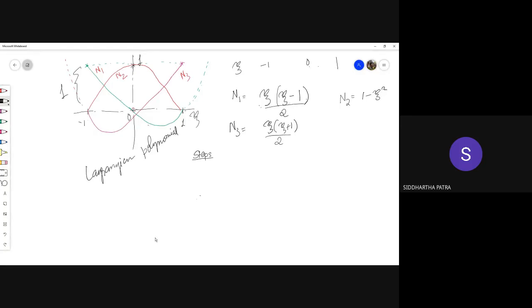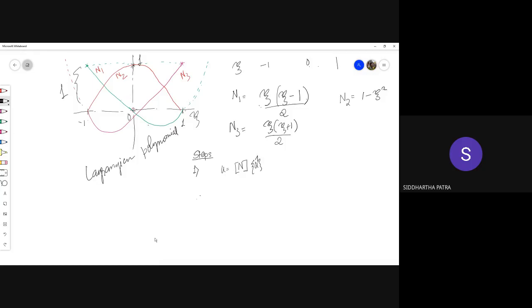So these are the steps. In the first step, what we would write is U is n times U hat.